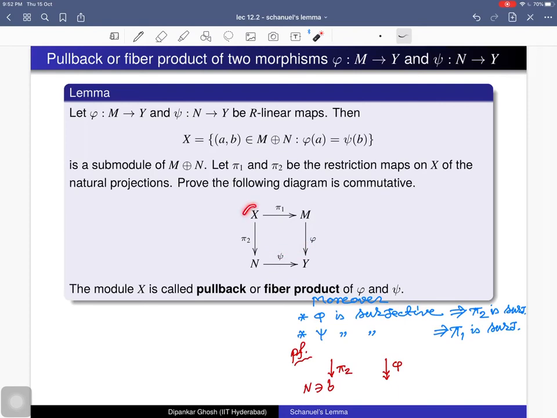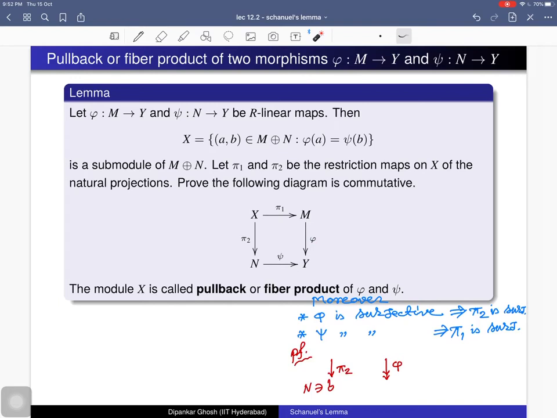So how to construct such an R module? Such an R module along with these module homomorphisms, so that this diagram is commutative, we call the pullback of these two module homomorphisms, or the fiber product of these two module homomorphisms.